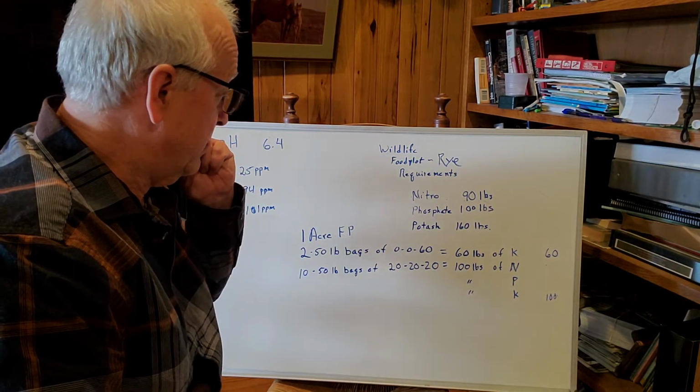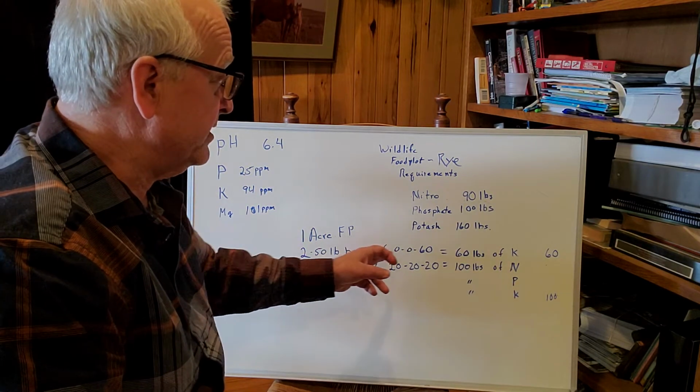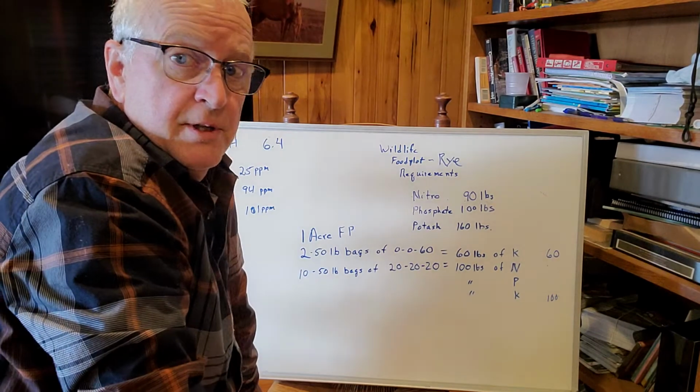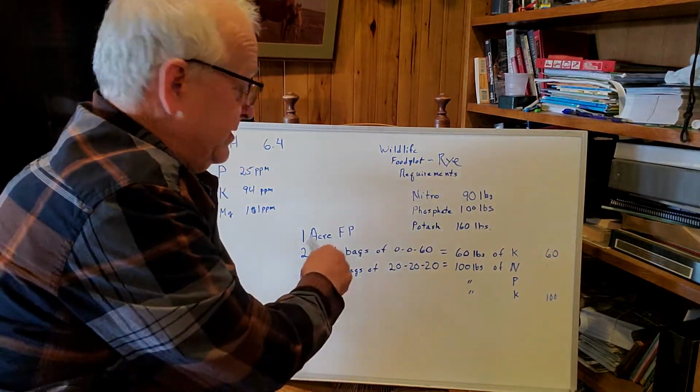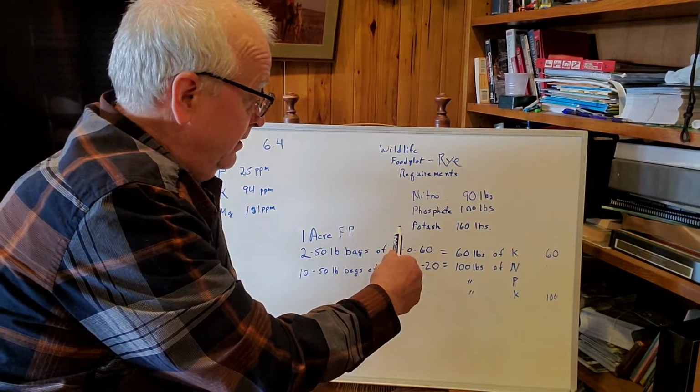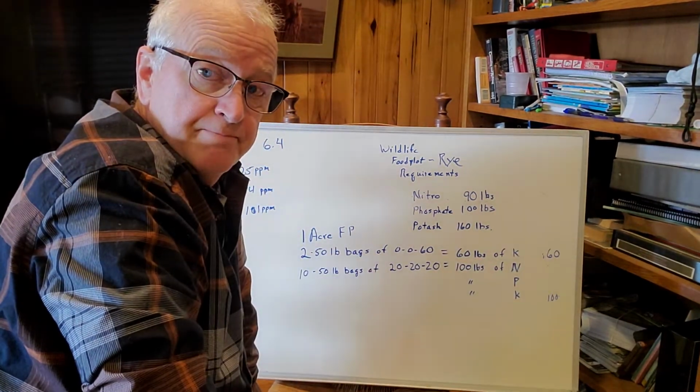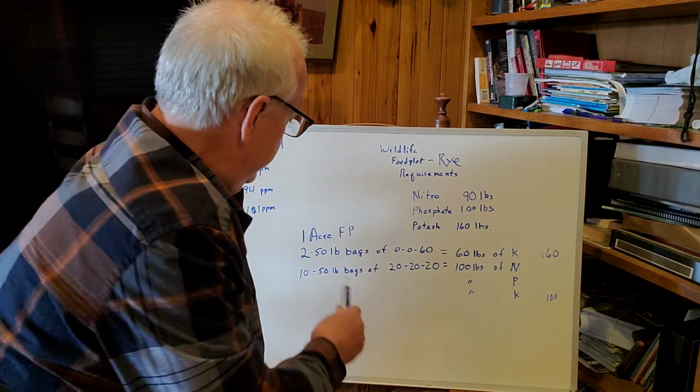If we get 2 50-pound sacks of that for an acre, because it's 100 pounds again of material, we have 60 pounds of actual potassium in there.